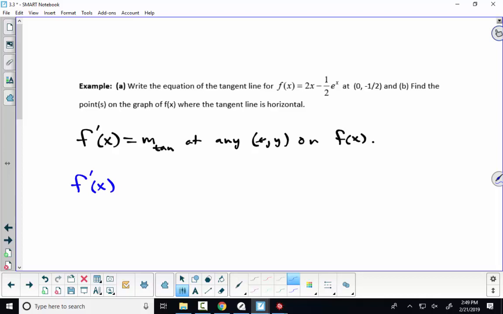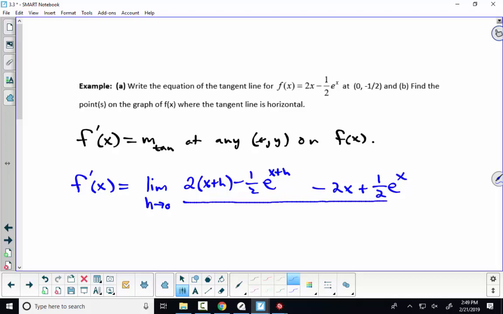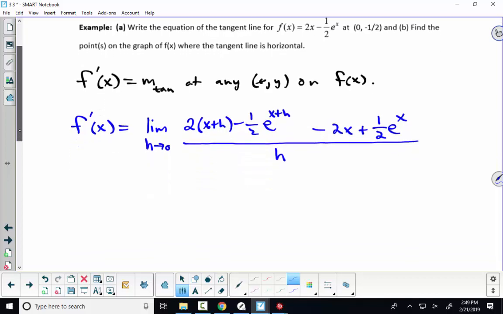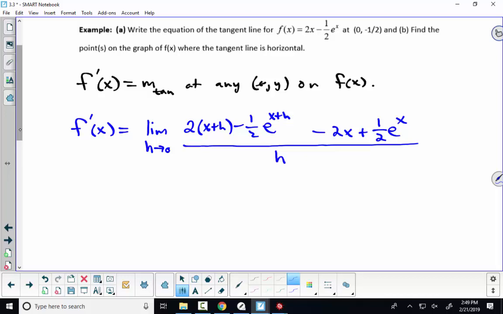So why don't you take a minute or two and think about the derivative of f of x. Anybody got it?